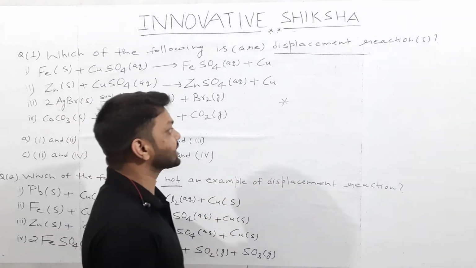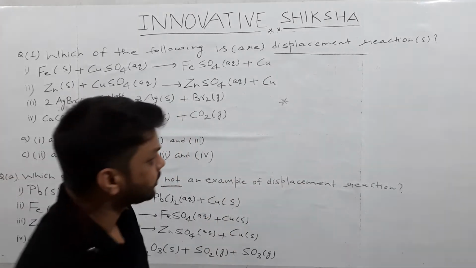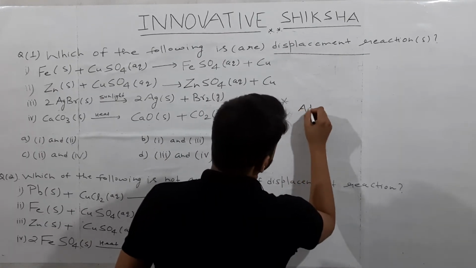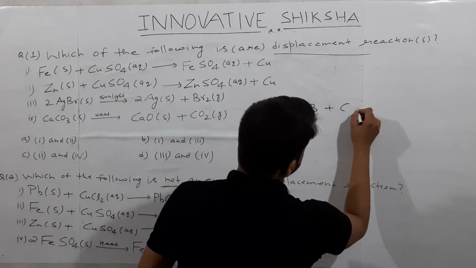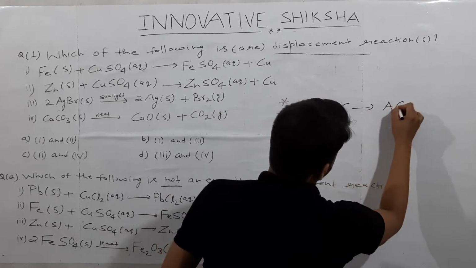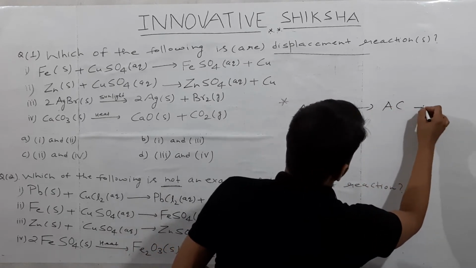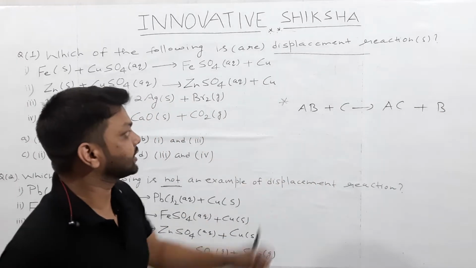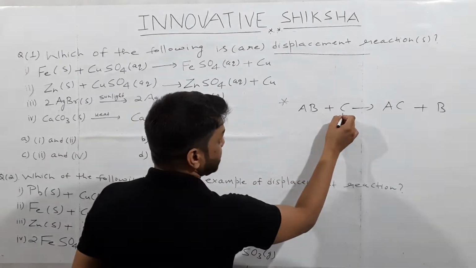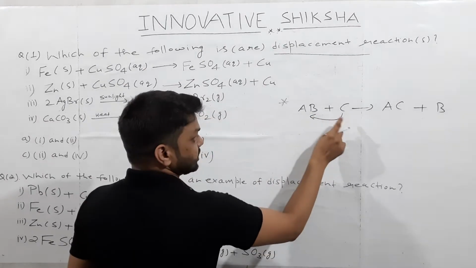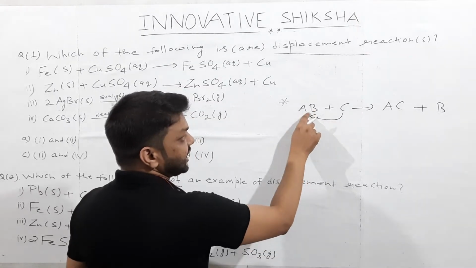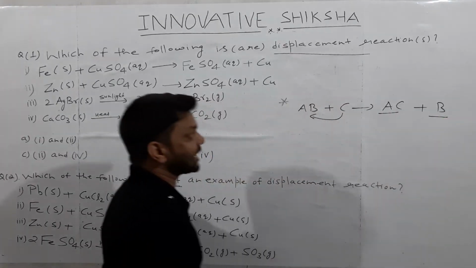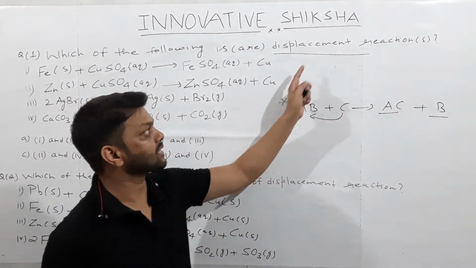For example, let us suppose we have a reaction like this: AB plus C gives AC plus B. So we have a reaction in which C displaces B, that is B is displaced by C and it forms AC plus B. So this kind of reaction is known as displacement reaction.